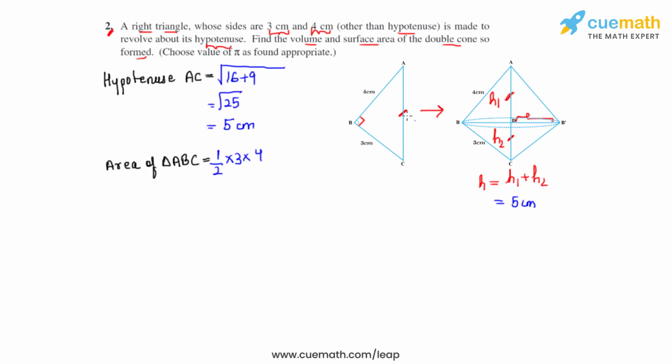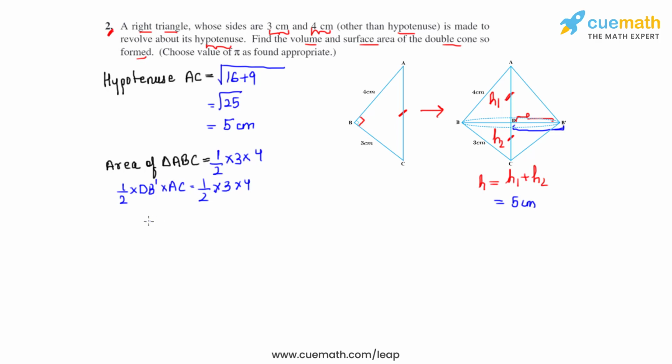But for the same triangle, when it's revolved, we'll have the triangle like ABC. And if I take DB dash to be the height, AC becomes the base. So then we can write it as half times DB dash times AC will be equal to 1/2 times 3 times 4.